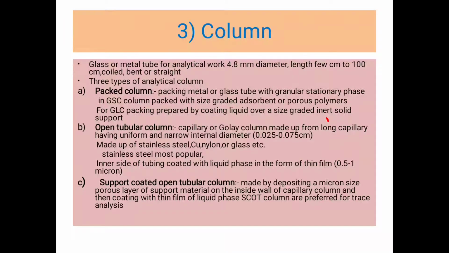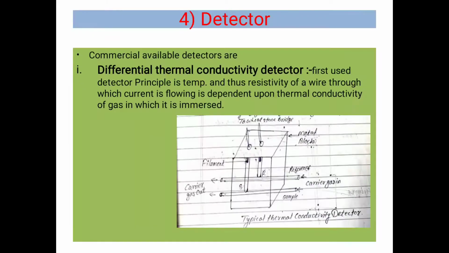Now let's see the next, fourth point, that is the detectors. Almost all detectors monitor the GLC column effluent by measuring changes in composition arising from variation in the eluted components, and when only carrier gas is passing they give zero signal.